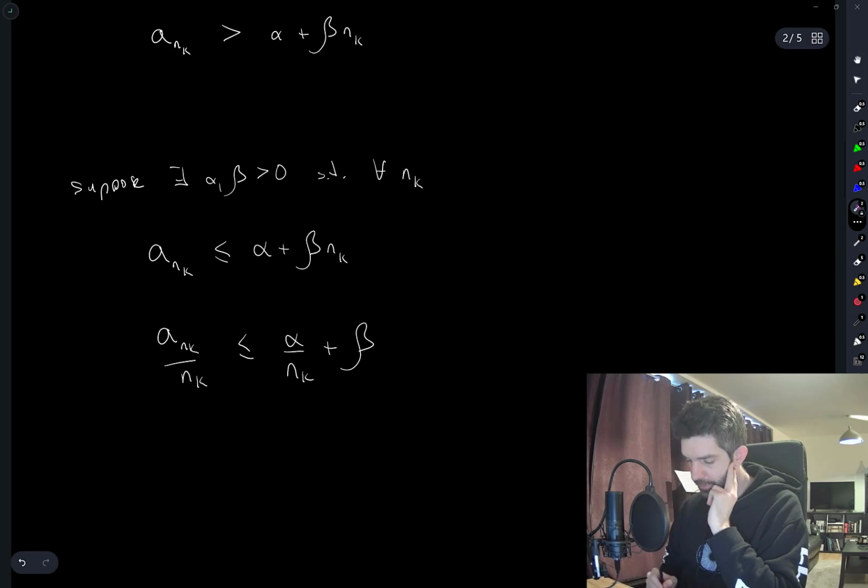It just shows that the sequence will have linear growth.